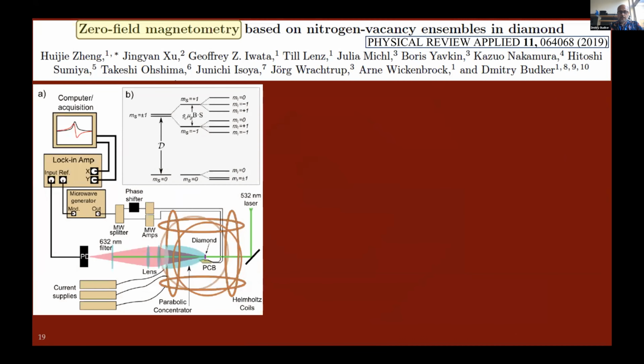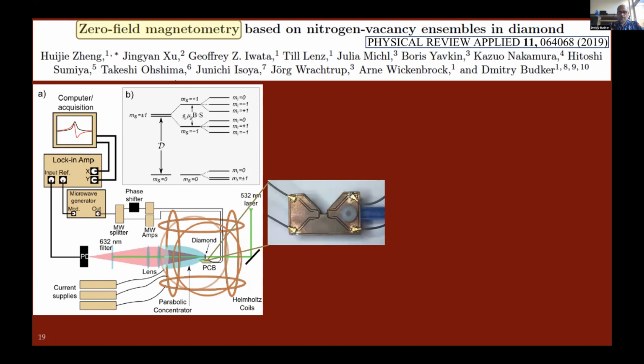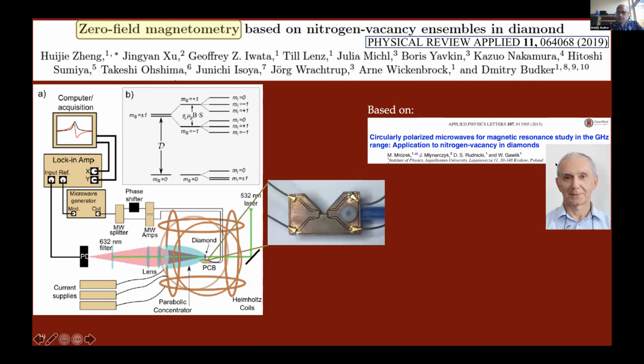In fact, you can set up a system where your microwaves, instead of being linearly polarized, as is usually the case, are rotating microwaves, circularly polarized. It was Professor Gawlik from Krakow, whom you may know, a longtime colleague and collaborator, who taught us a little trick about how to do this.